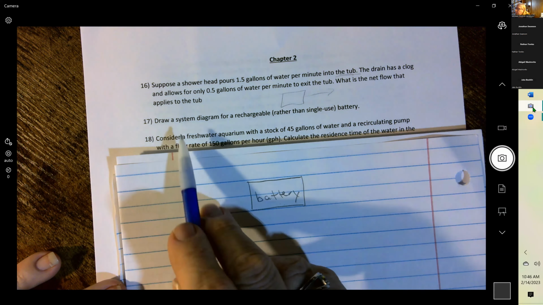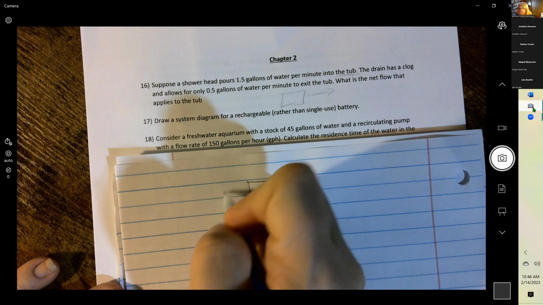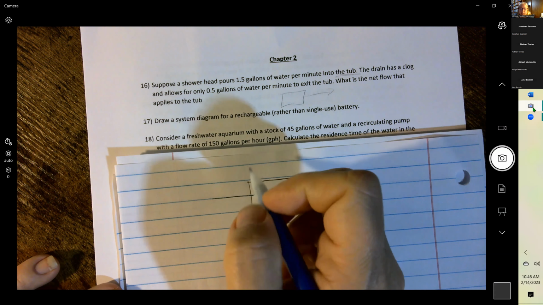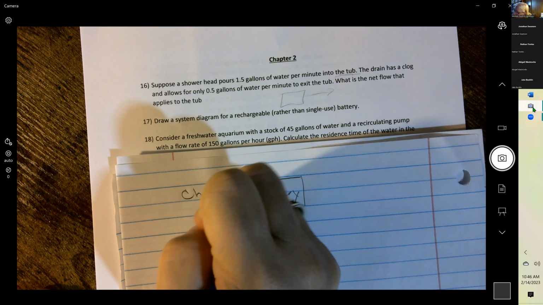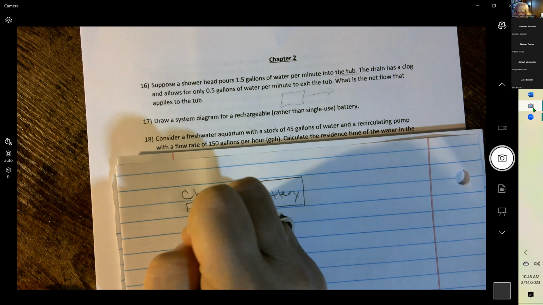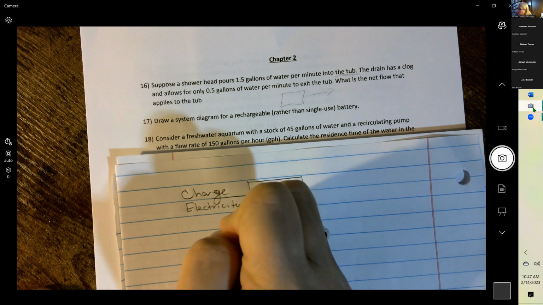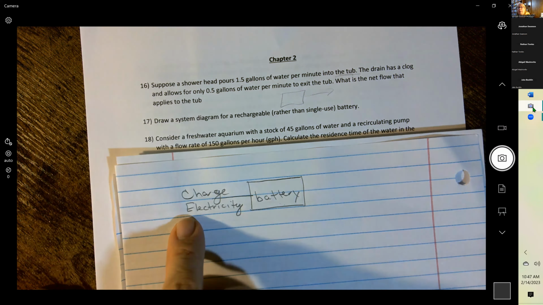The battery, it says it's rechargeable. So that means we would have charge or electricity.